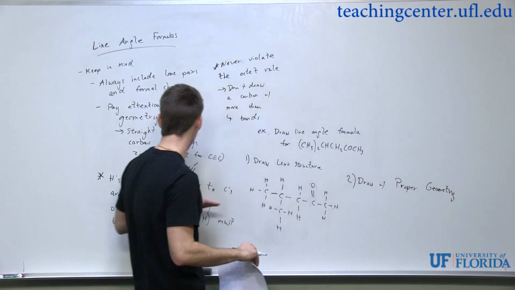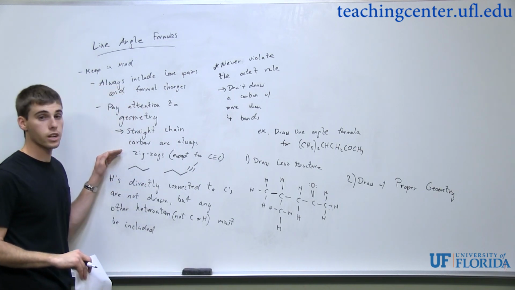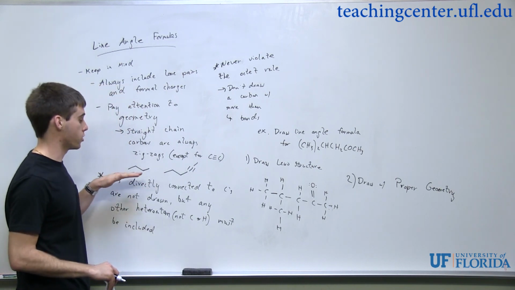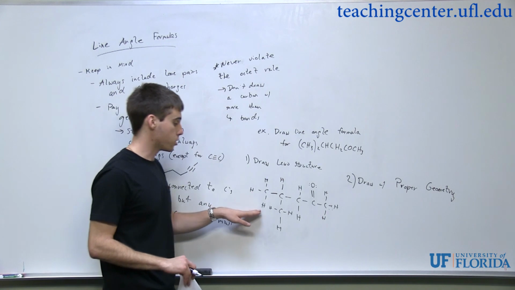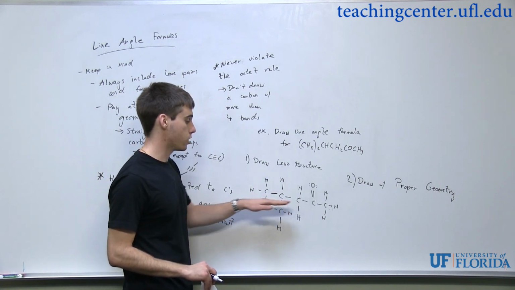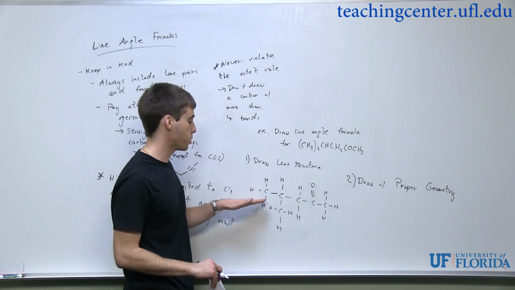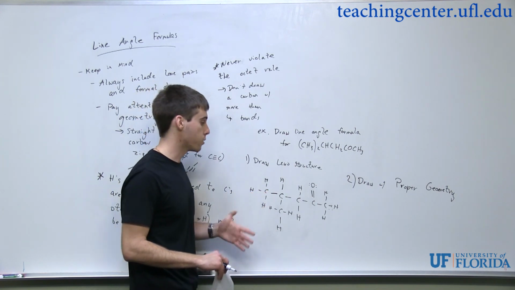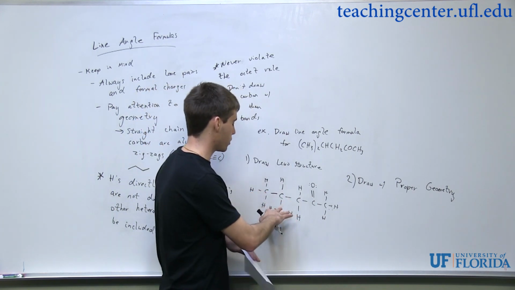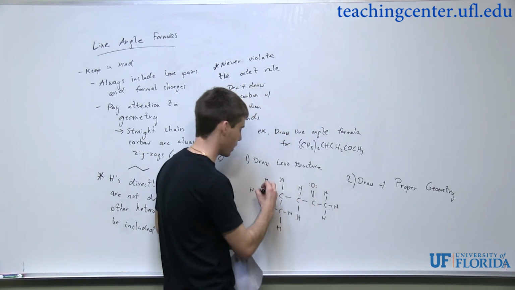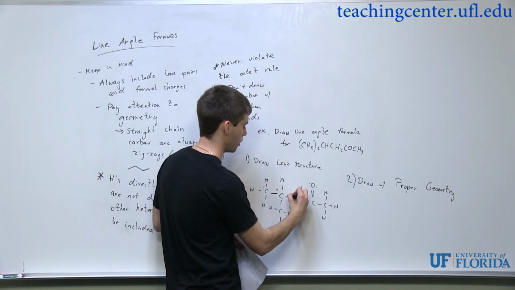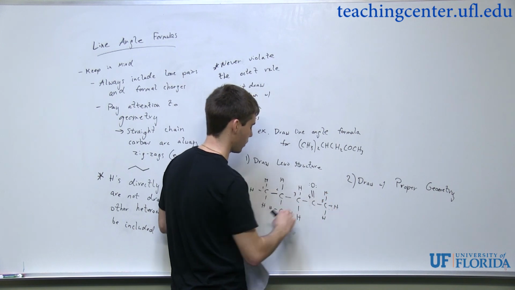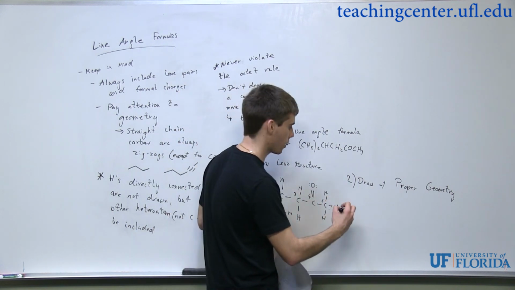Remember what I said over here, where if you have a straight chain, you're going to have the carbons in this zigzag. So in this situation here, our carbons are in a straight chain. There's no double bond between the carbons, or more specifically triple bonds between the carbons, that might mess that up. So I'm just going to draw the same thing here. I'll count my carbons here, 1, 2, 3, 4, 5, and then I've got the 6th one down here, but I'll draw that in last.